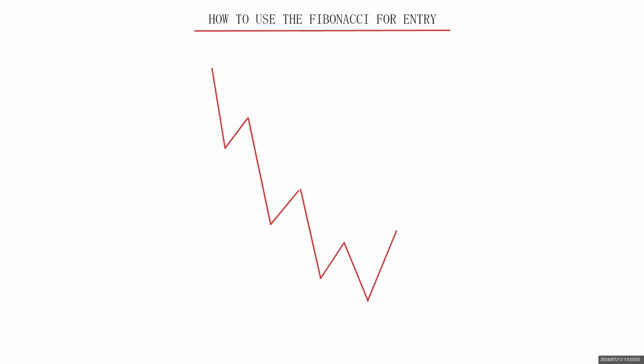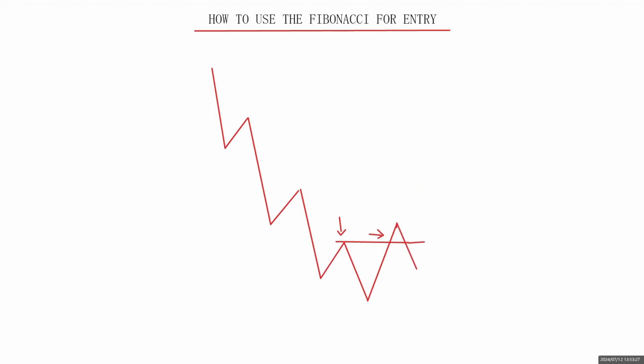Okay, this is where the structure got broken. A lower high got broken at this point by prices creating a higher high. Okay, so now we know that after a break of structure, instead of prices heading straight to take profit at either the 61.8 or the 100.0, after a break of structure, prices usually goes back for a natural 61.8 retracement.